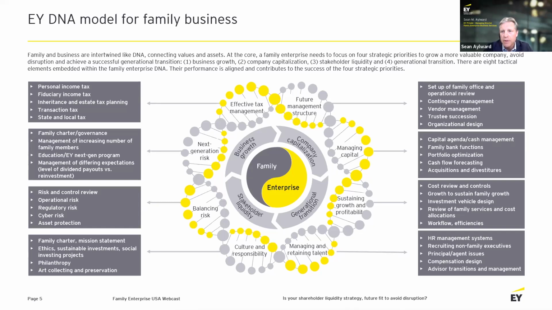And you'll see surrounding in the helix are the 8 strategies that support those core strategies the business needs to have. Today, we're going to focus on shareholder liquidity. They're all intertwined, and that's the purpose of this slide, to show that. When we think about shareholder liquidity, it impacts business growth, it impacts company capitalization. So keep that in mind as we go. We may touch on that a little bit, but today we'll focus primarily on shareholder liquidity.